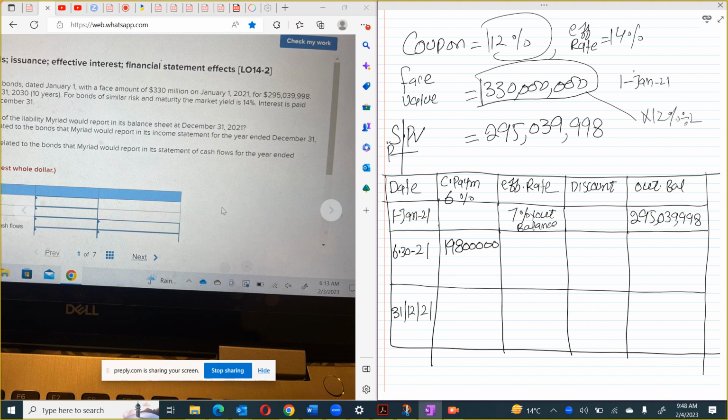In this question, it is 330 million. But the bond is issued at a discount, so we deduct the discount amount. Now this is the liability at the start of the period, at 1st Jan. At 30th June 2021, this is the liability. At 31st December 2021, this is the liability. Got the logic?